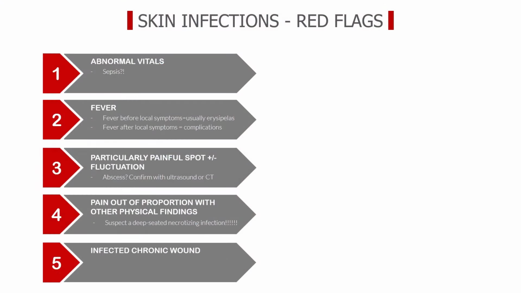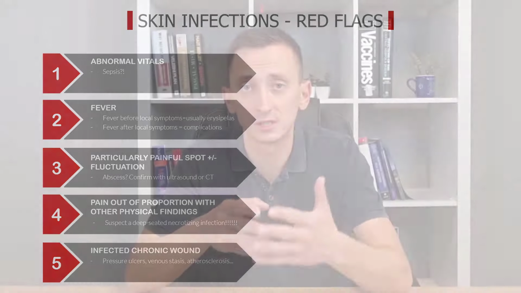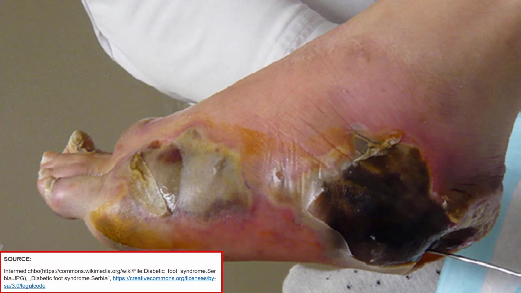You will see a lot of elderly immobile patients with pressure ulcers, patients with advanced atherosclerosis or advanced diabetes. So they might have chronic wounds, chronic ulcers, and if the area around these ulcers gets inflamed, gets infected, there are a couple of things you need to do. First, you will need to use broader spectrum antibiotics, because these chronic wounds serve as reservoirs for all sorts of bacteria.